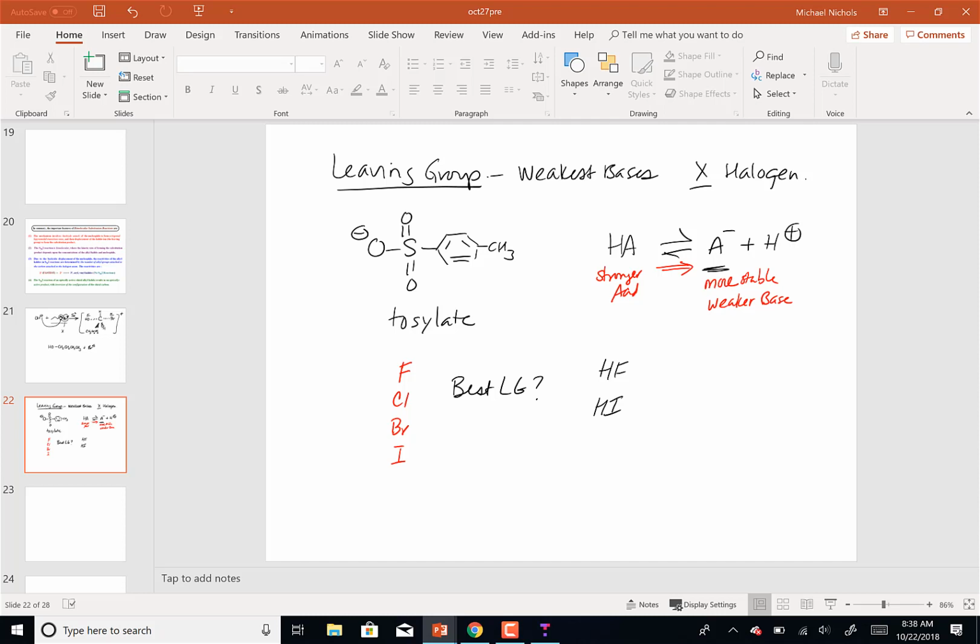If you were back in general chemistry right now, HF is one of those acids that we like to do a lot of ICE chart problems with, because HF only partially dissociates, which means that it is a weak acid. HI completely dissociates, and so it is a strong acid.